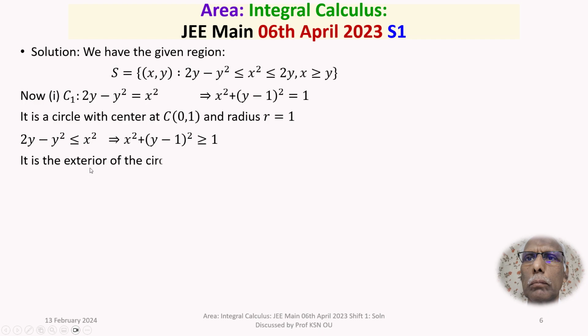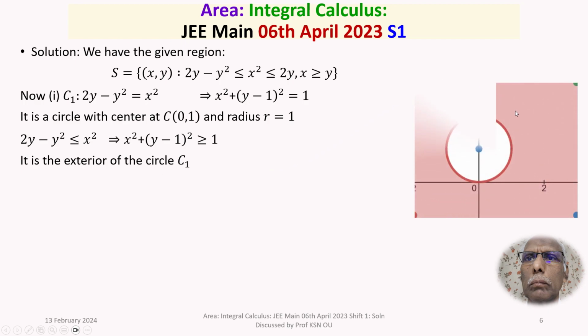So it is the exterior of the circle, including the points of C1. So the points on the circle are included, and the exterior. This is a circle with center C at 0, 1 and a radius 1. Agreed. That is the first one.